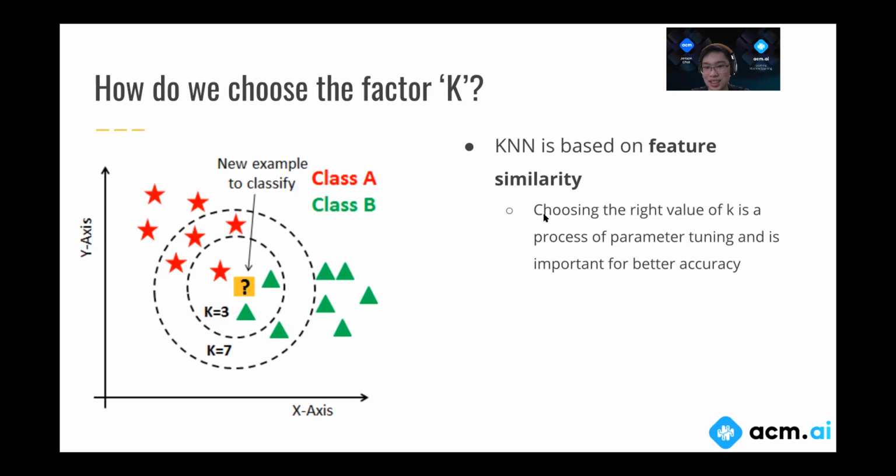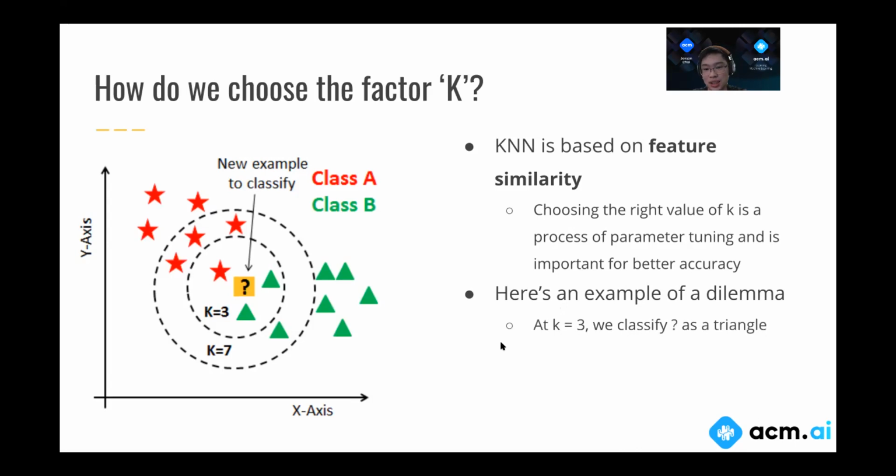So choosing the right value of k is a process of parameter tuning and it's important for good accuracy. As we went over in the previous slides, if k is equal to 3, we classify the question mark as a triangle, but at k equals 7, we classify the question mark as a star. So which one is correct?